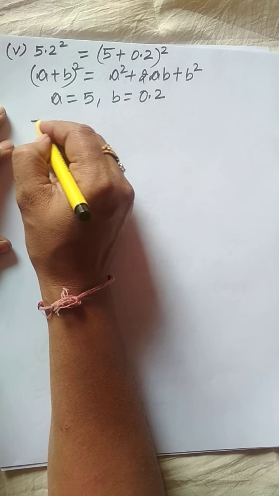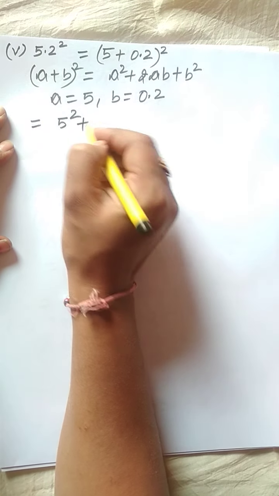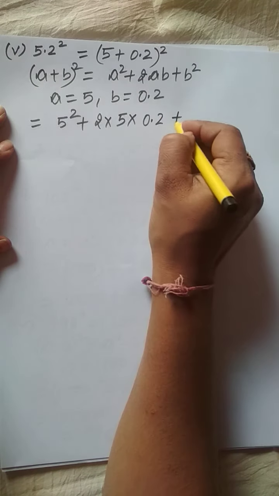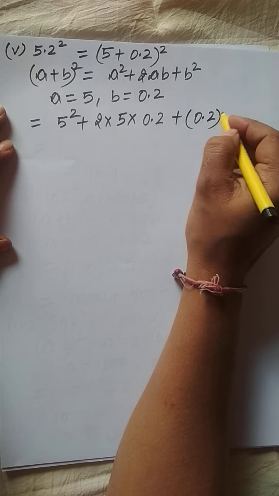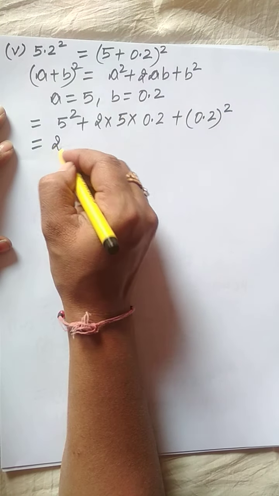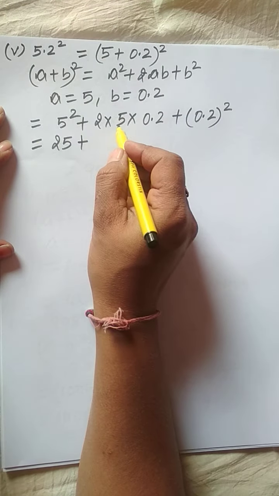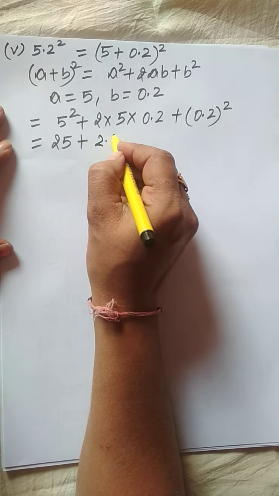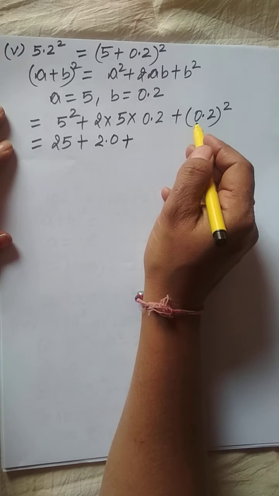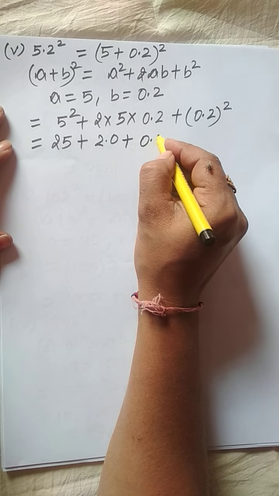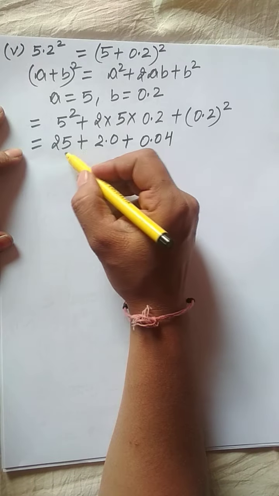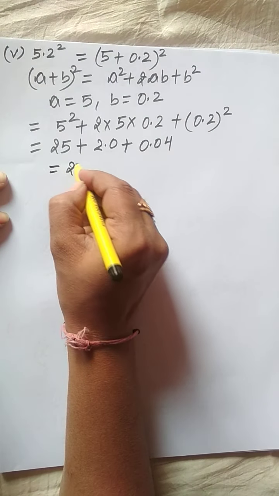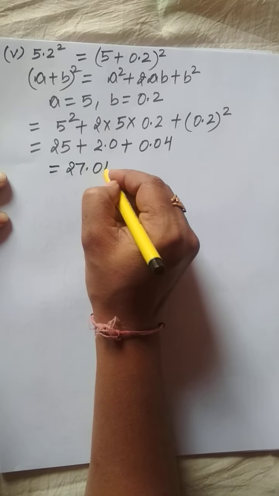Now, substitute the values: 5 square plus 2 multiplied by 5 multiplied by 0.2 plus square of 0.2. 5 5's are 25, plus 2 5's are 10, 2's are 20. Here as it is a decimal, it will be 2.0, plus square of 0.2 will be 0.04. So this is equal to 27.04.